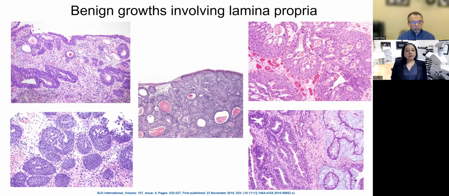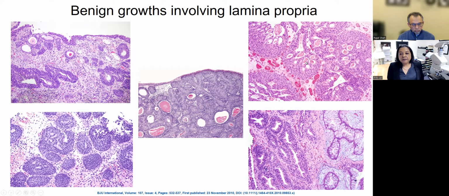So what are the benign growths in the lamina propria that can be mistaken for or try to mimic inverted urothelial papilloma? The majority of us can easily recognize cystitis cystica and cystitis cystica glandularis, but sometimes these can be really exuberant and mimic cystic spaces in an inverted papilloma.